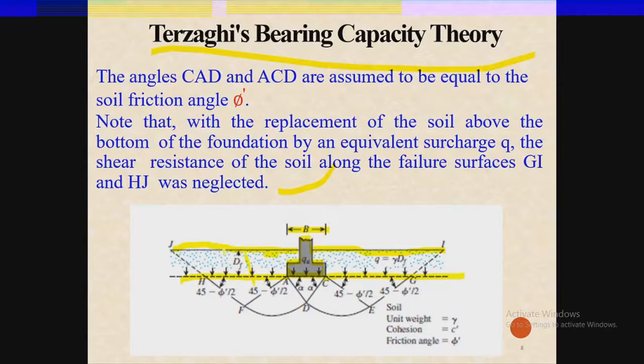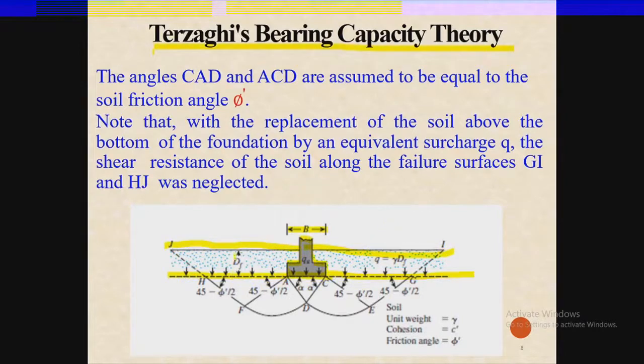This Df is known as the depth of the foundation, and q over here is known as the surcharge pressure, which is equal to γ Df, where γ is the unit weight of the soil and Df is the depth of the foundation.